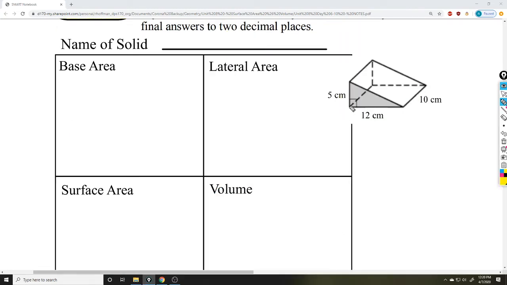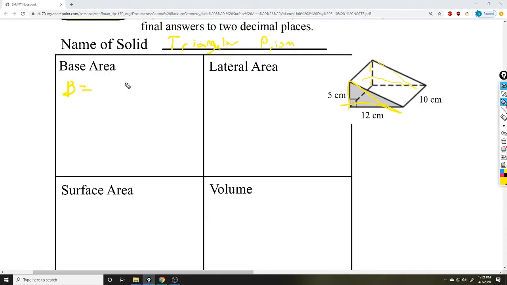I'm going to do one more example here. Again, the bases are in the front and the back. And then we have our distances connecting them, which is going to be our height. And those bases are perfectly drawn triangles. That means this is a triangular prism.